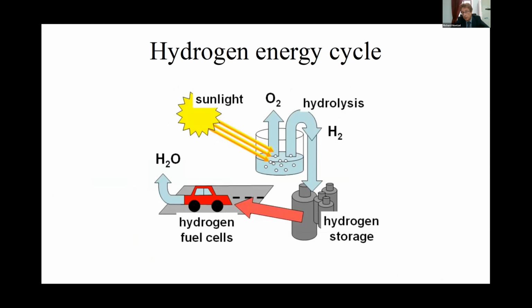This way, by photoelectrochemical processes, water is split into oxygen and hydrogen. The hydrogen is stored and then can be used on demand with hydrogen fuel cells to produce electricity to drive a car. And the only emission is water. So it's a fully carbon-free energy cycle.